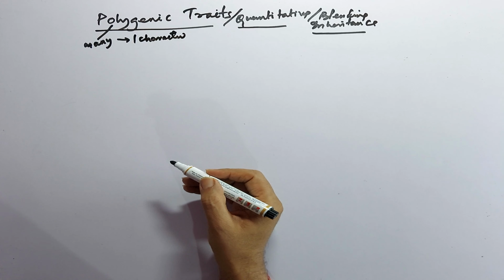So we can write these possibilities here: A, B, B. Out of the 4, 3 are capital, so we can write A, capital B, small b.